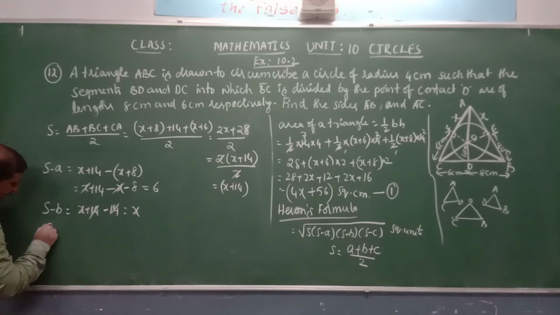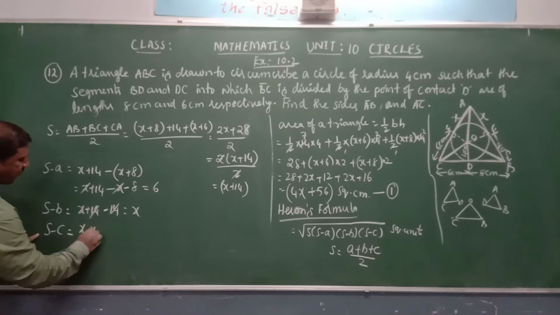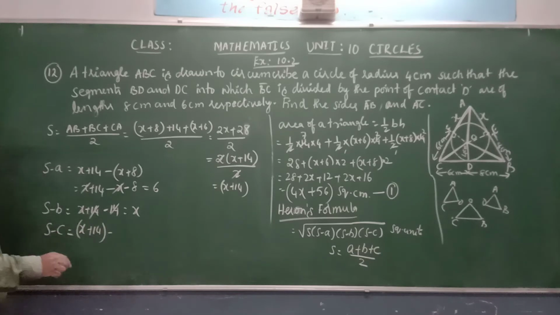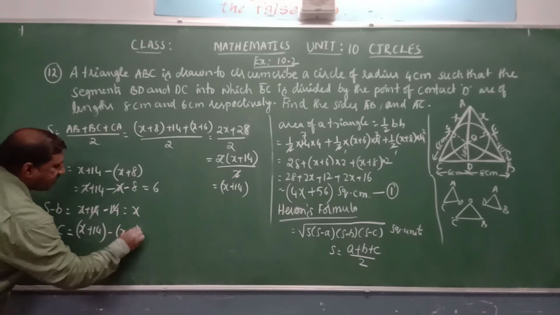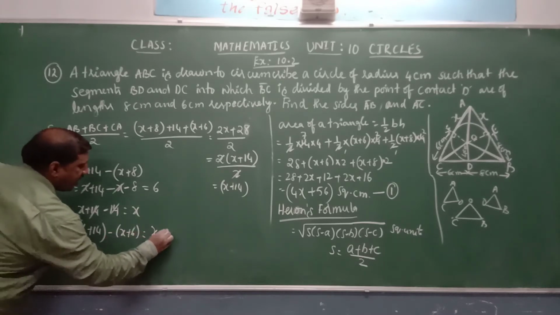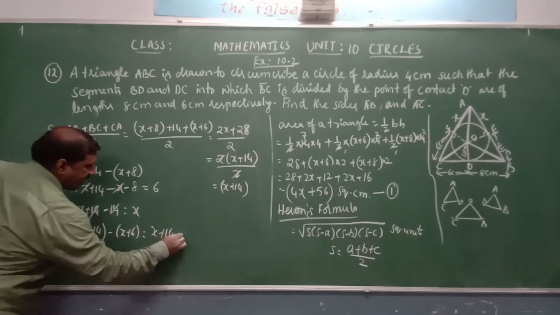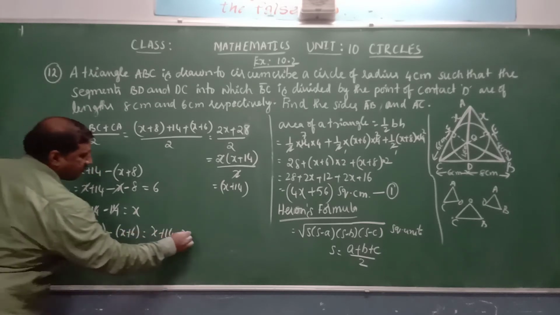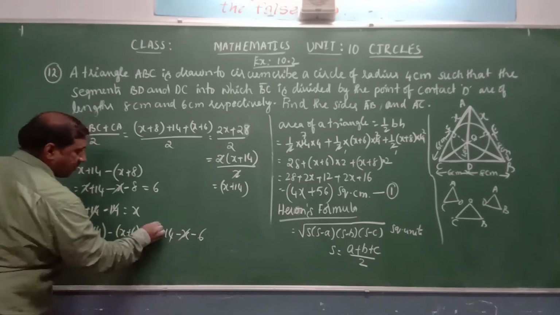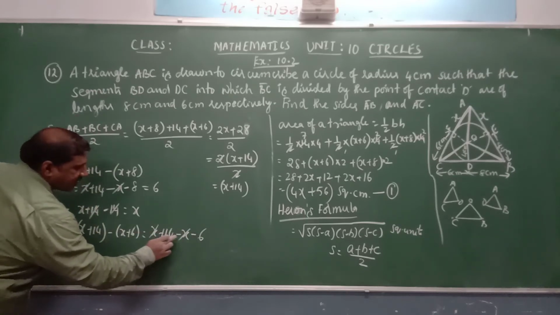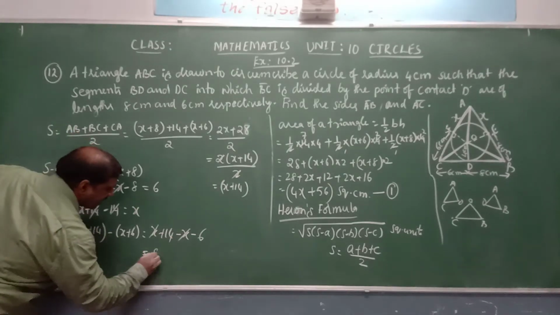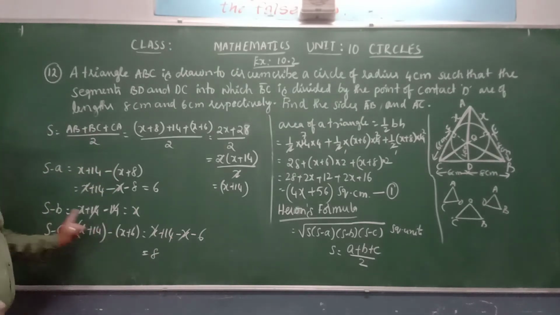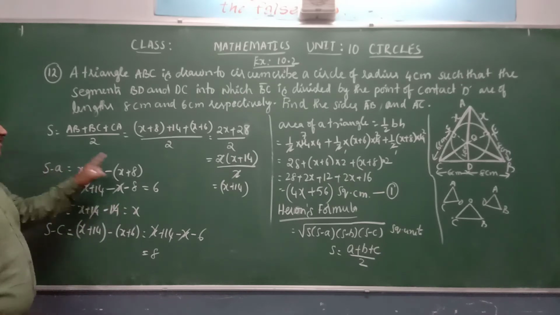Then s minus c is x plus 14 minus c, where c is CA, that is x plus 6. Simplify this: x minus x cancelled, 14 minus 6 is equal to 8. So s minus c is 8, s minus b is x, s minus a is 6.